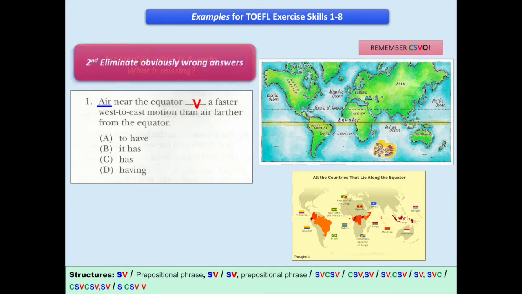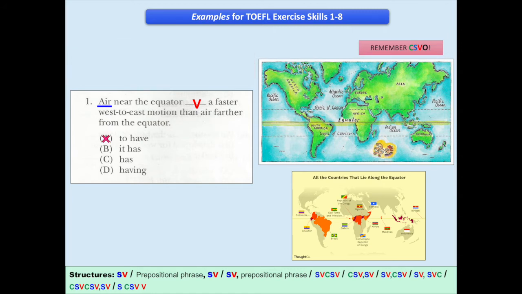So now that we know what is missing, we can look at the answers and eliminate the obviously wrong answers. Apple is an infinitive, so it is used as a noun, adjective, or adverb in the sentence, not a verb. So that is not the answer. Boy has a subject, it, but our sentence already has a subject, so that is not the answer.